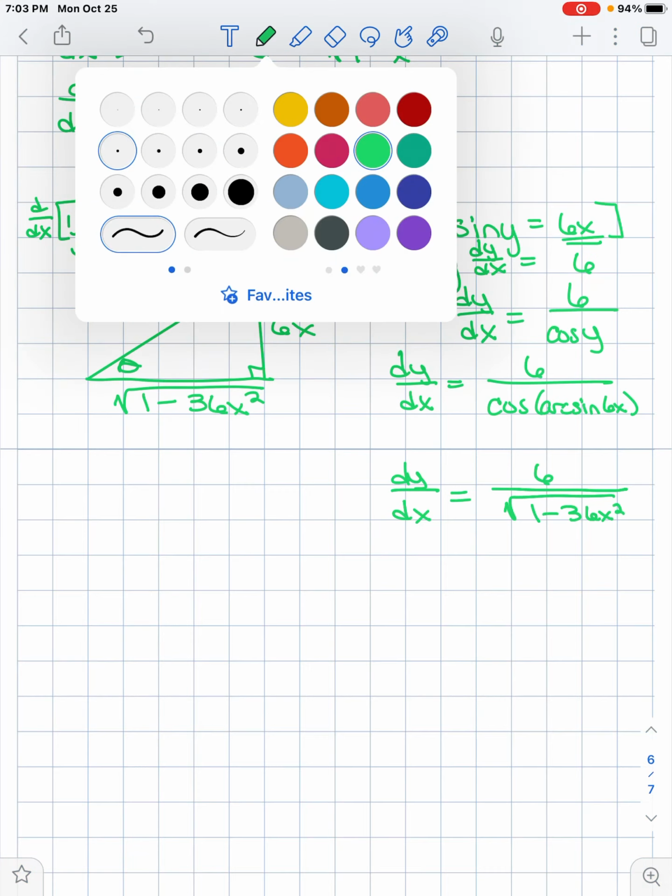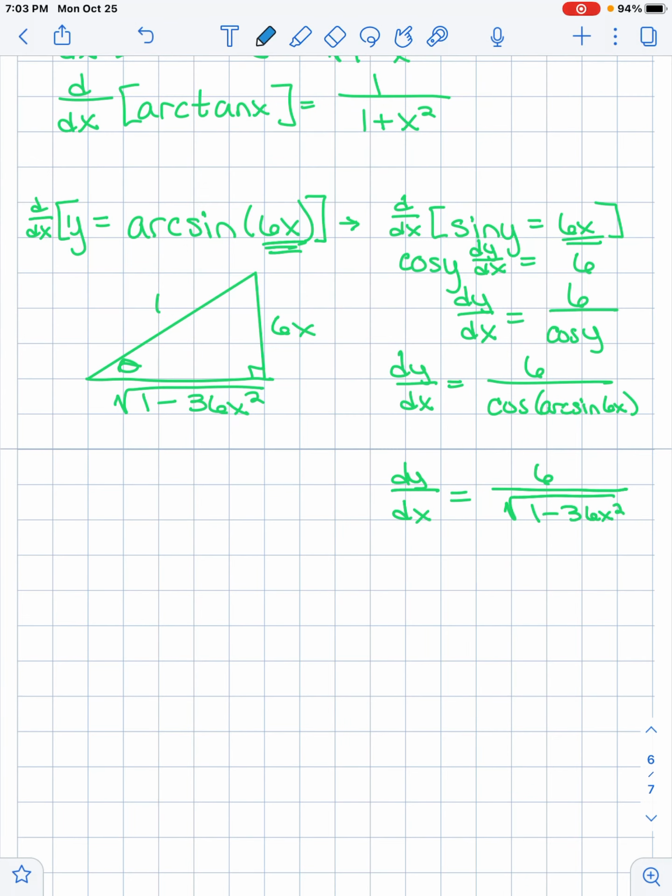So based off of what you just noticed, I'd like you to try this one without using that long way. Can you tell me what the derivative of y equals arc cosine of 4x is, let's just say, we won't get too crazy? What would that be without going through the long process? Give it a shot, and then to verify, try the long process.